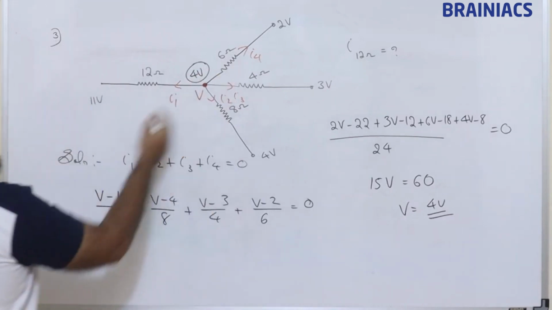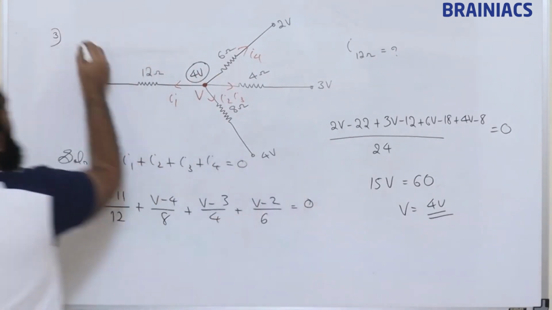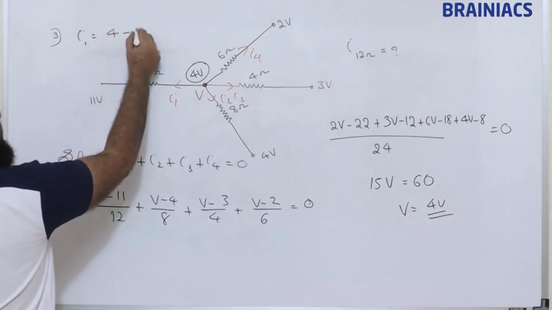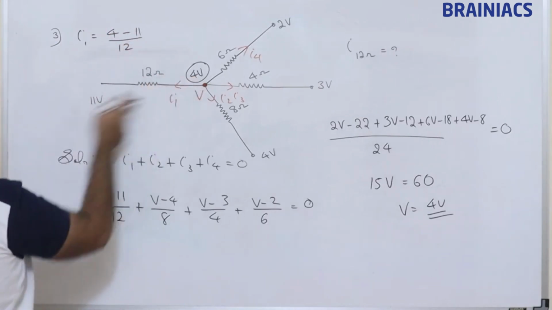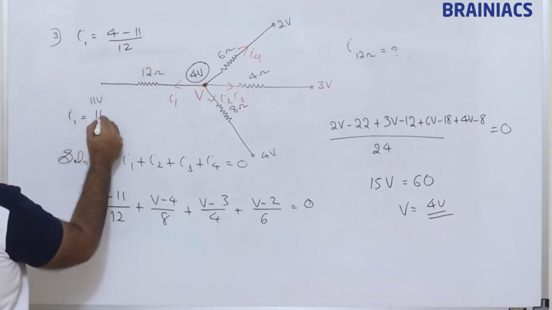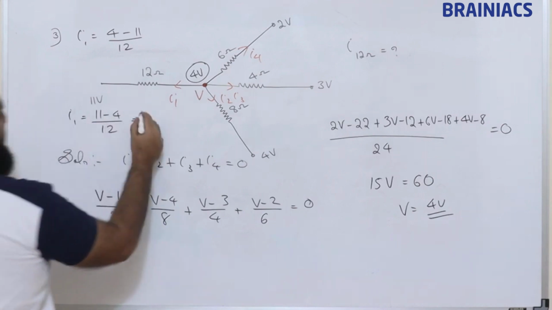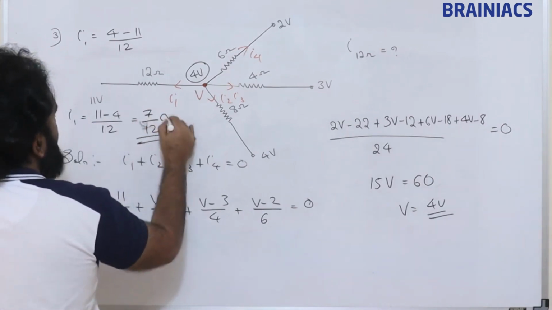So what is I1? If we try to find I1, simply 4 minus 11 by 12. We know this is smaller than this, so directly I1 we can find like this, 11 minus 4 divided by 12. How much is coming? 7 by 12 ampere.